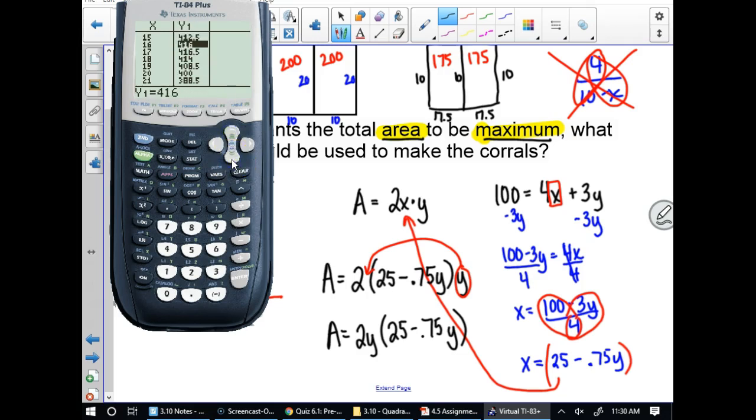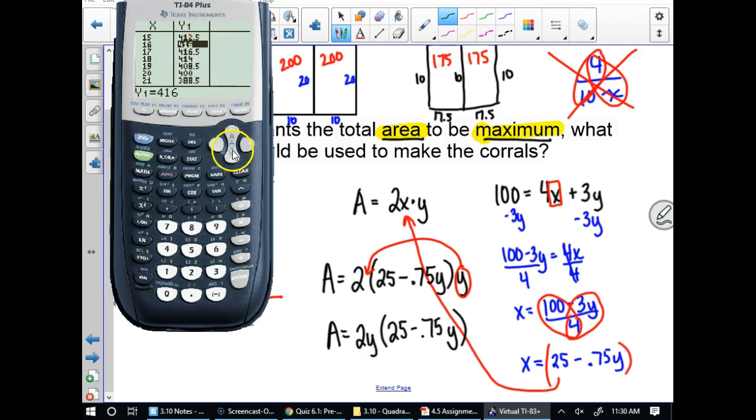Right there at 416. 416 looks like it might be the maximum. But don't trust your table necessarily because, well, I can sort of tell by the symmetry here it probably is 416. But don't trust your table because even though that might be the highest number on your table, sometimes it's not actually your maximum number. It's usually pretty close.